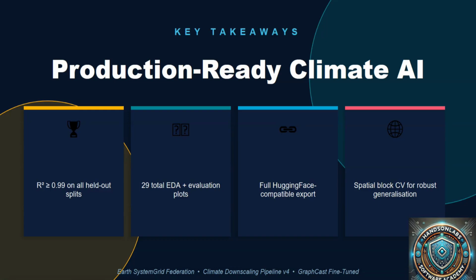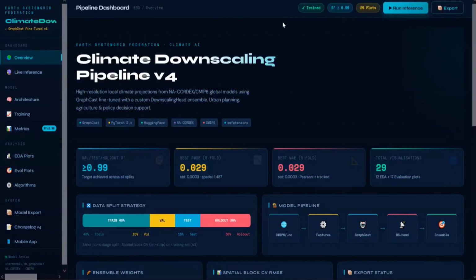So this is what the Earth System Grid Federation is about. The climate downscaling pipeline version 4, GraphCast fine-tuned. I hope you enjoyed this. All right, so let's quickly take a look at this updated Earth System Grid Federation climate downscaling, all right, which was fine-tuned with GraphCast.